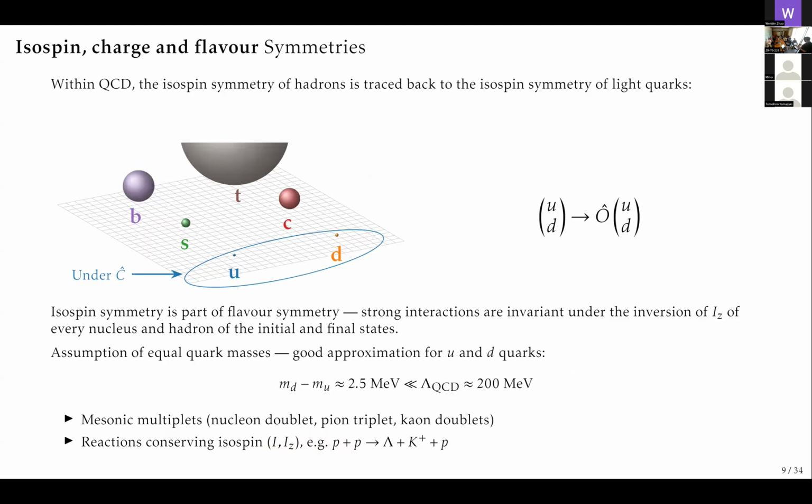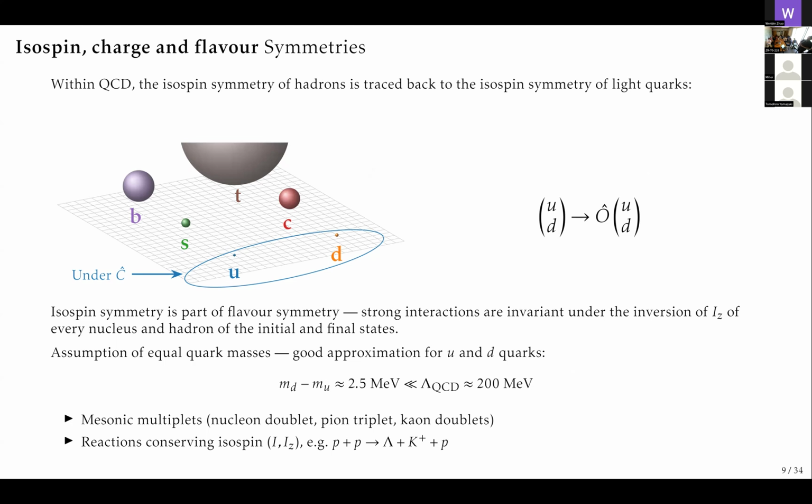And now we can wonder how it translates into QCD. Within QCD, we can trace back this isospin symmetry to the light quarks. Under this charge transformation, we can switch U and D quarks, and as long as the masses of those quarks are equal, which is a quite reasonable assumption considering that their mass difference is only about 2.5 MeV, compared to the QCD energy scales, this is negligible.